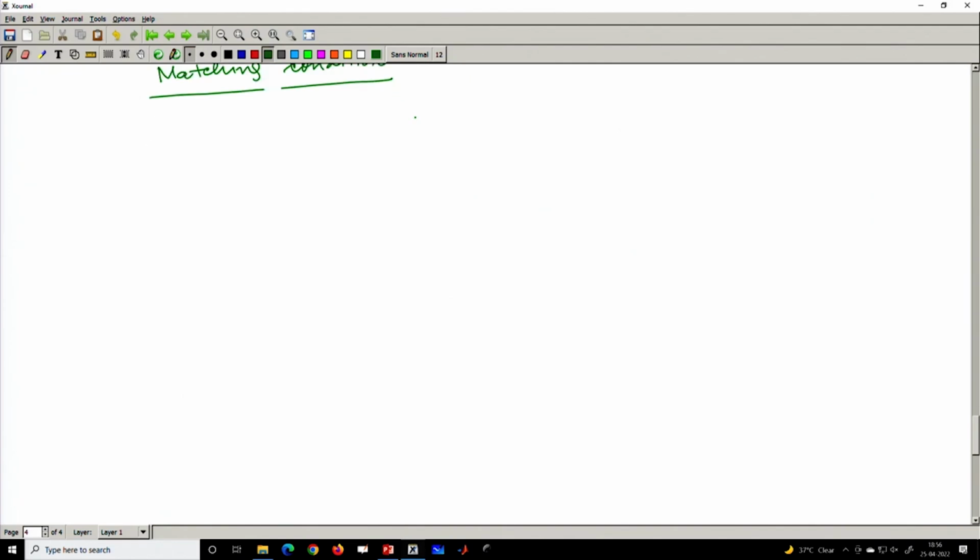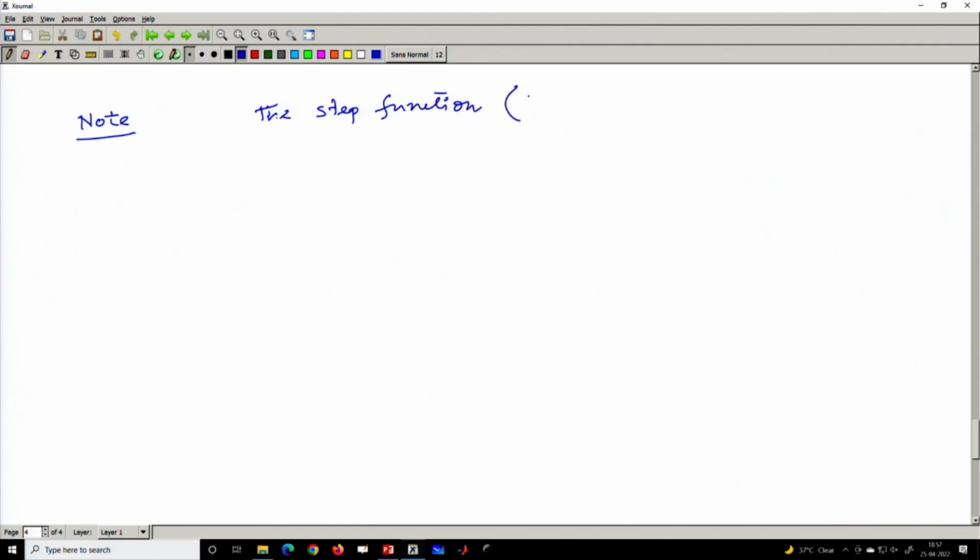Before finding the matching condition, I would like to make a small note here, because we are going to use it. The note is on the step function, or in other words, the Heaviside function.